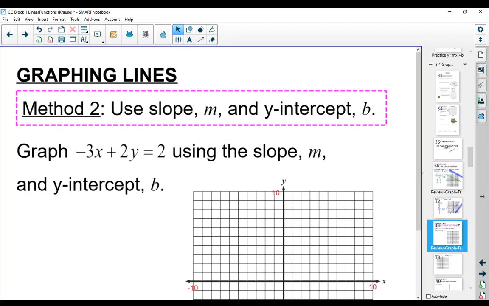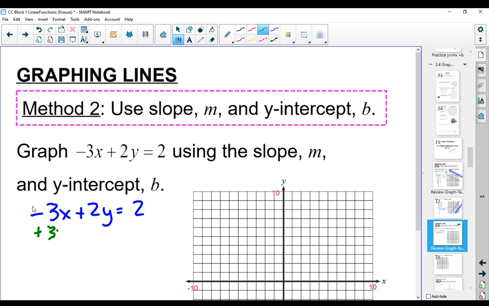And the only thing that can usually cause some challenges here is the rearranging of the equation. So if I've got negative 3x plus 2y equals 2, and we want to graph that equation, the first thing we have to do is rearrange the equation so that it's in y equals mx plus b. Ultimately, I need to get y by itself.